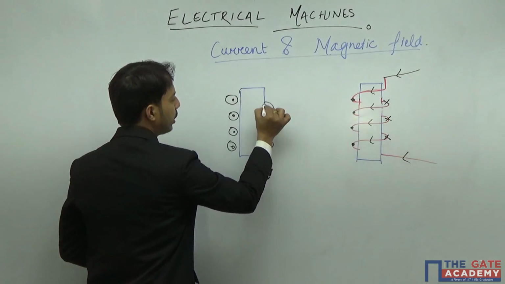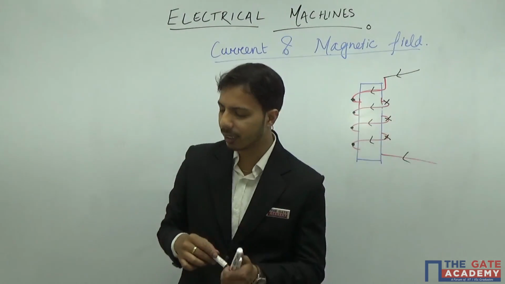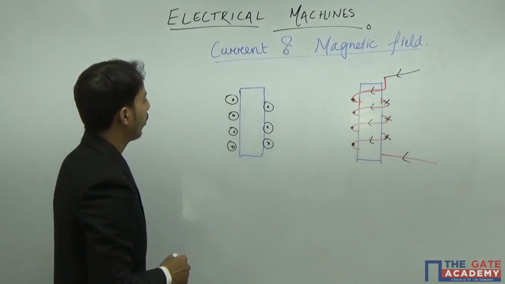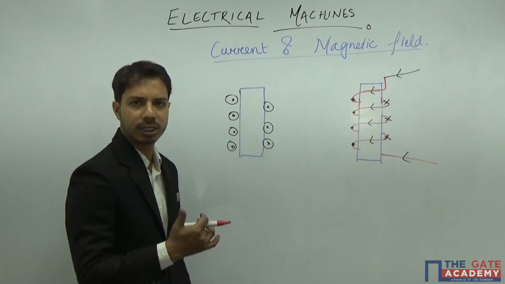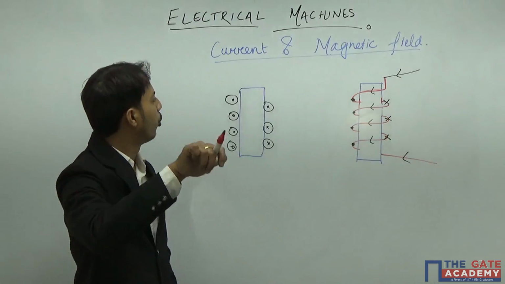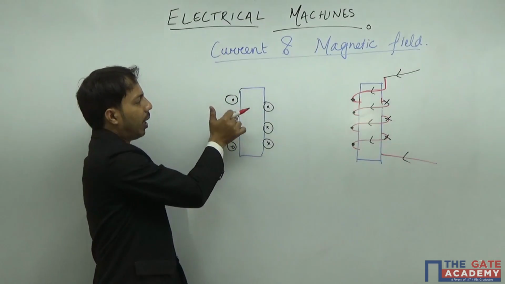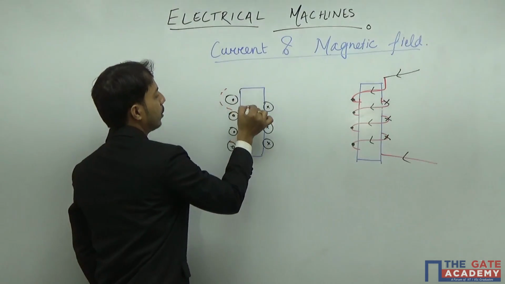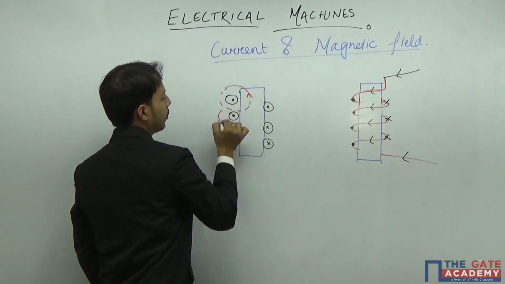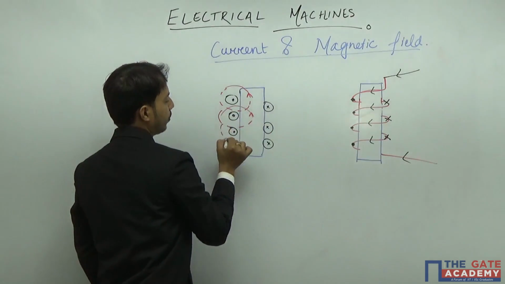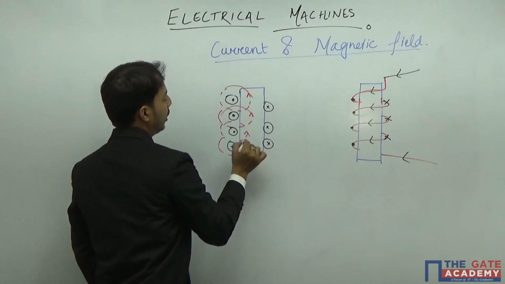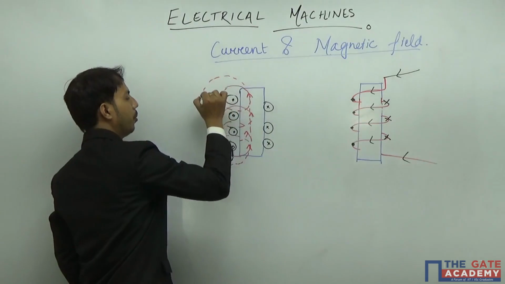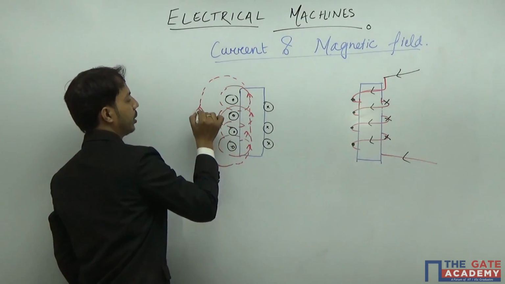Now we have just now seen that by the right hand curl rule, we can find out the magnetic field due to this type of current. So if current is coming out, that means towards you, then it is going to be in an anti-clockwise direction. That means the field due to this is anti-clockwise. And all this left side together will make a field which is in this direction.